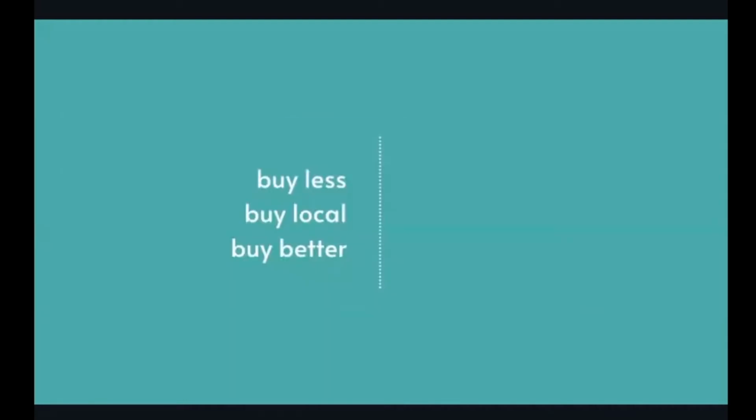And the core of my message can be summarized in this sentence: buy less, buy local, buy better, right? We've all heard of it, and it's quite fascinating and interesting. When I hear or read this sentence, though, my brain actually reads: design less, design better, design local.